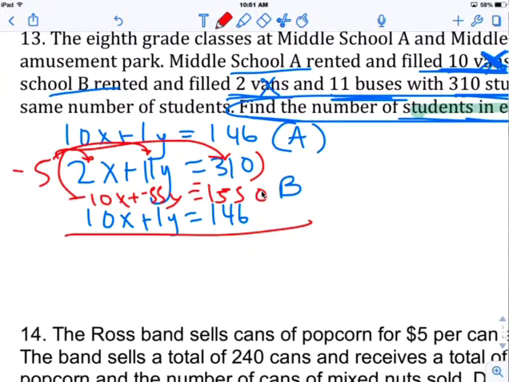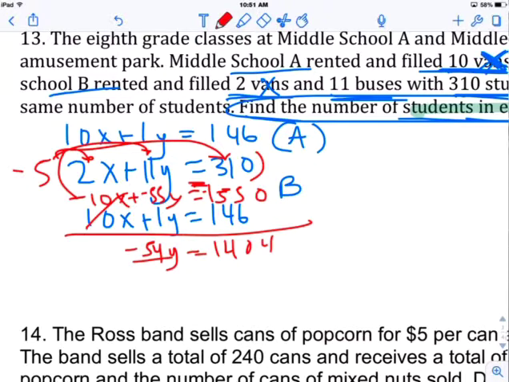This is a negative, so that gives you 0 right here. It gives you negative 54y equals, it's a negative. Let's see, 1550 minus 146, 1404.